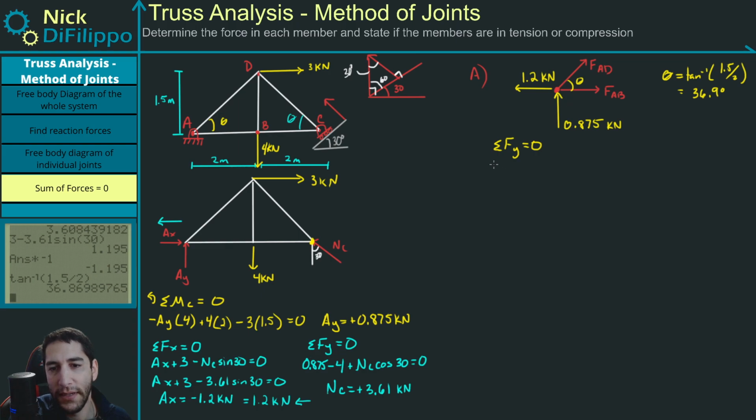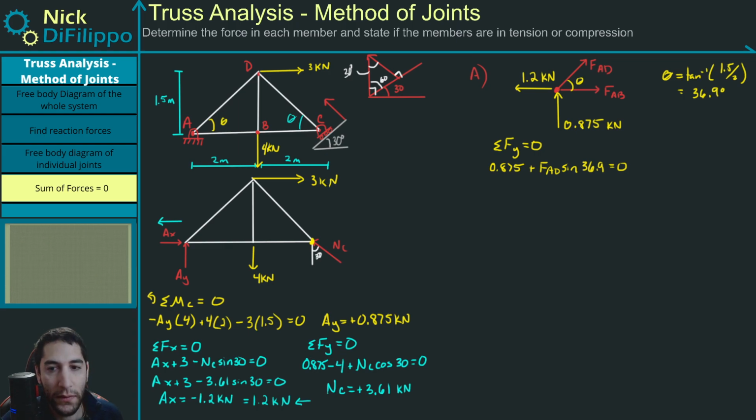But I'll have 0.875 plus FAD times the sine of 36.9 is equal to 0. Now I can solve for what FAD is equal to. What I'm going to have is 0.875, move it to the other side of the equation, divided by the sine of 36.9.